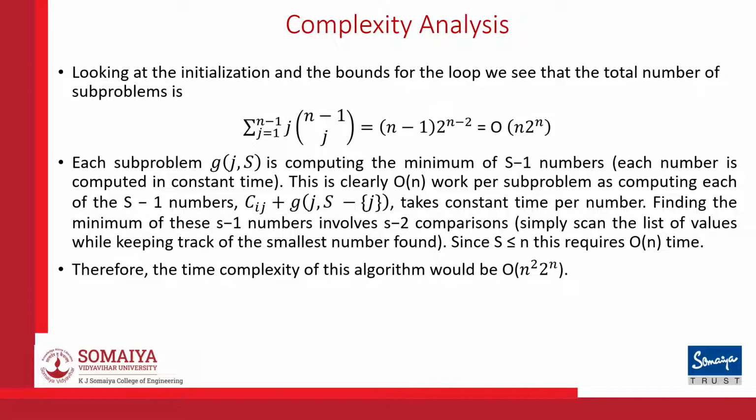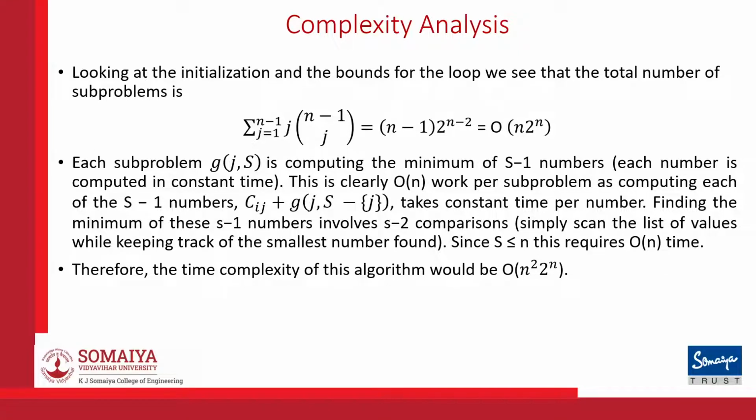Each subproblem g of j, s is a computing problem, and it will be computing the minimum of s minus 1 numbers, each number computed in constant time. This is clearly O of n work per problem, as computing each one of the s minus 1 numbers, c of i j plus g of j, set of all numbers except for j, takes constant time per number.